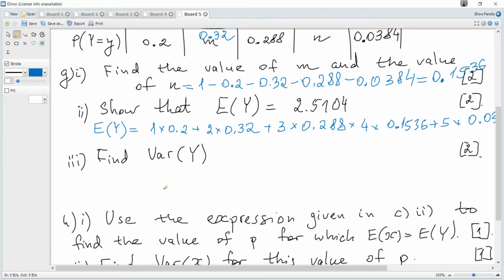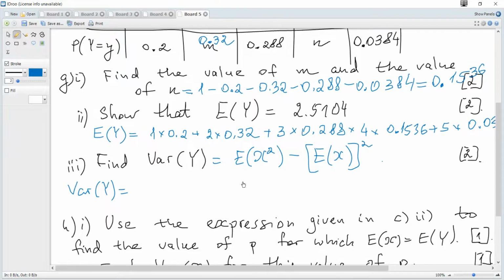Find variance. We know the formula is given in a data booklet that variance can be found as expected value of x squared minus mean or expected value of x, squared. So variance becomes expected value of x squared.